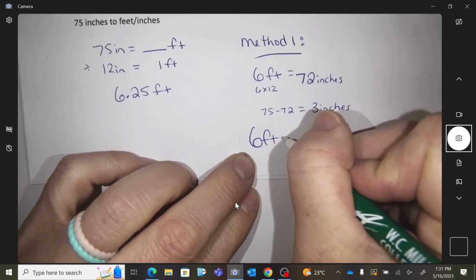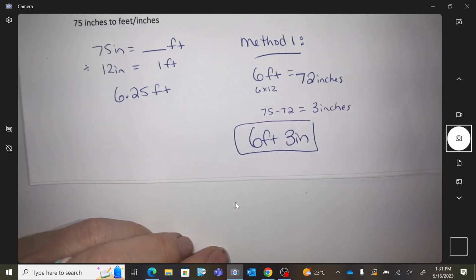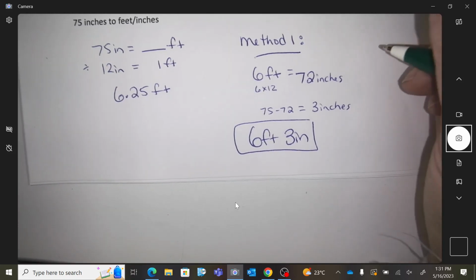So 6 feet, 3 inches. Okay, so that's method 1 that I showed you.